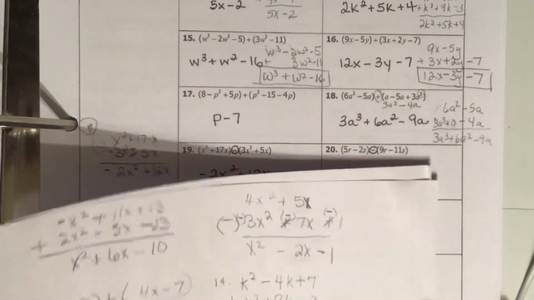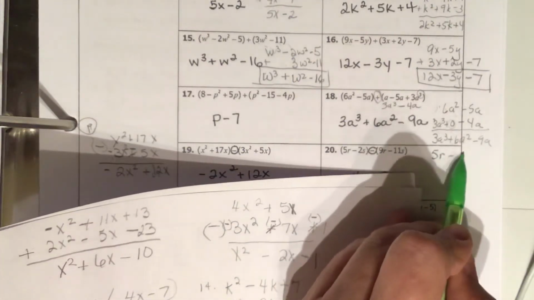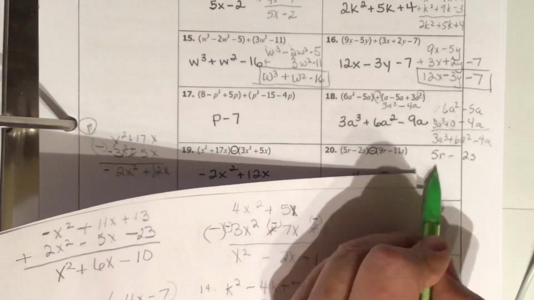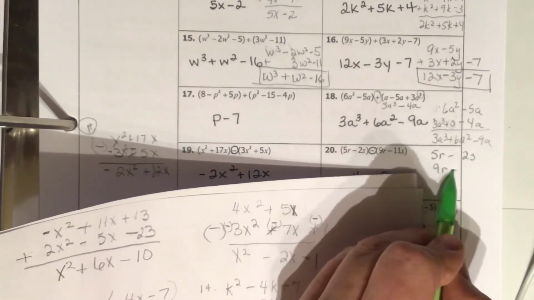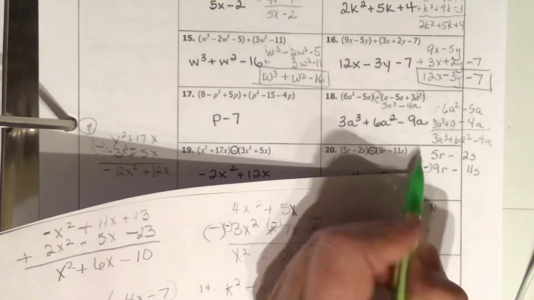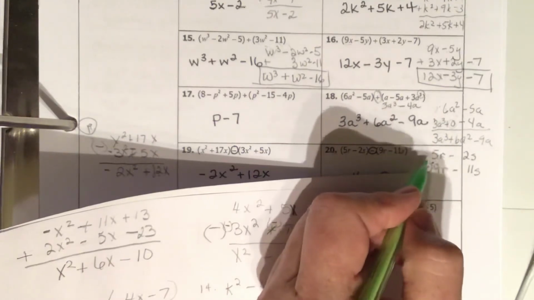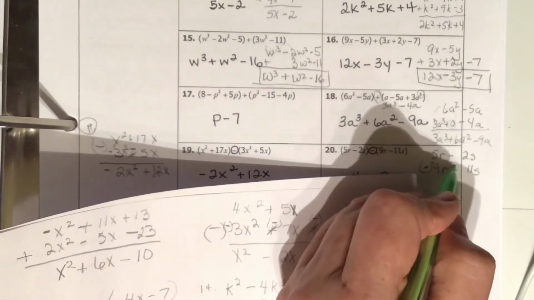Now let's look at this one. You have 5r minus 2s. You have 9r minus 11s. You're subtracting here. So guess what you're going to do? This is going to become a negative, and this is going to become a positive.